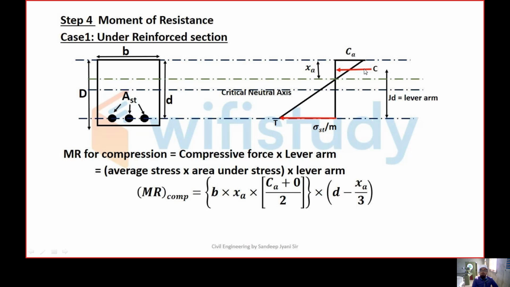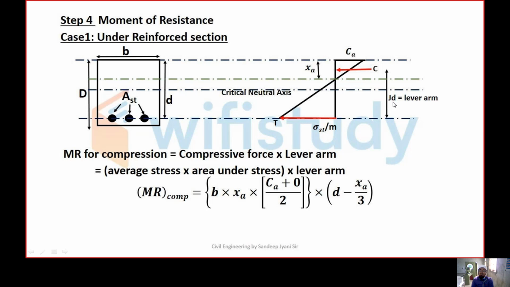Coming to the stress diagram, what happens here? The neutral axis lies only where the actual depth of neutral axis lies. The actual depth lies at that line only, and the neutral axis will be lying there. That means the compression and tension will be equal to 0 at that point.